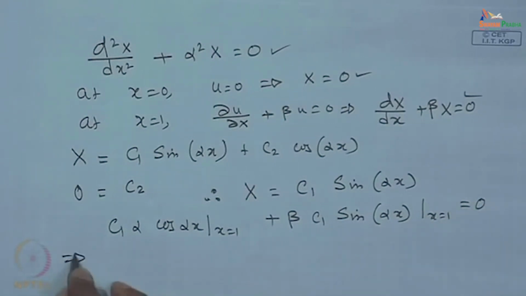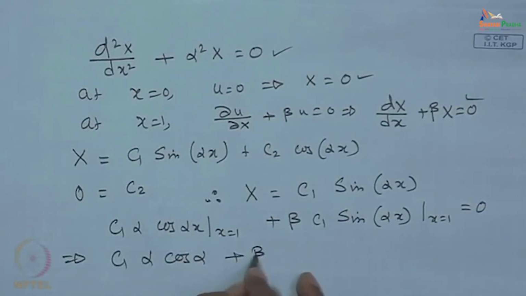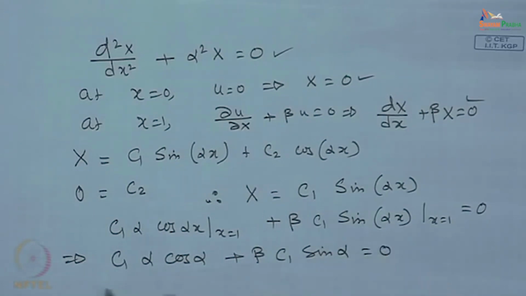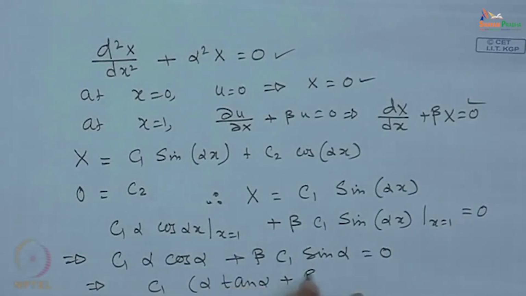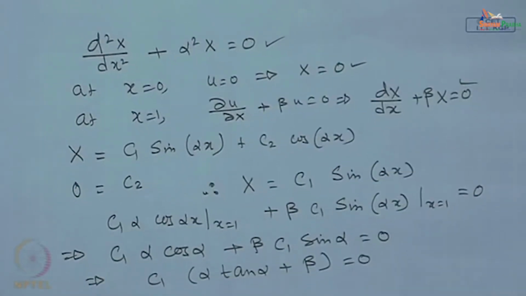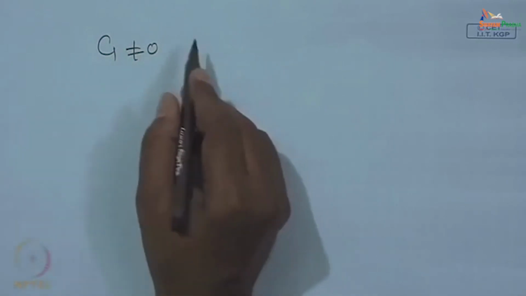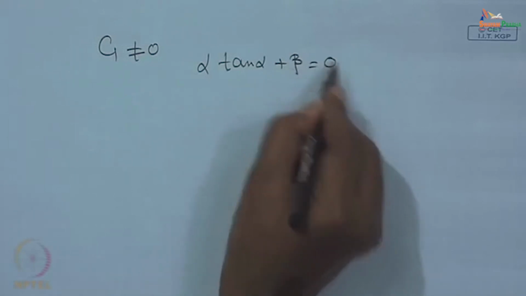So, therefore, C1 alpha cosine alpha plus beta C1 sin alpha is equal to 0. So, divide by sin alpha. What you will be getting is C1 times alpha over tan alpha plus beta must be equal to 0. In order to get a non-trivial solution, C1 cannot be equal to 0. So, the solution is alpha over tan alpha plus beta must be equal to 0.